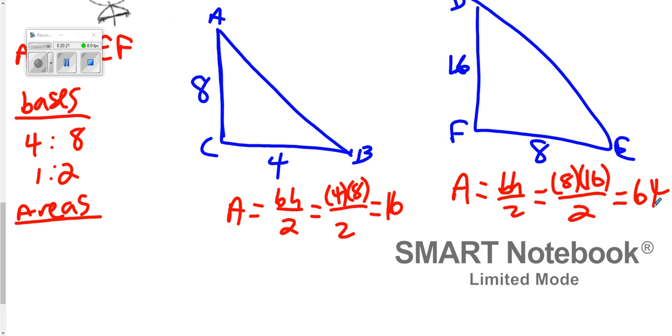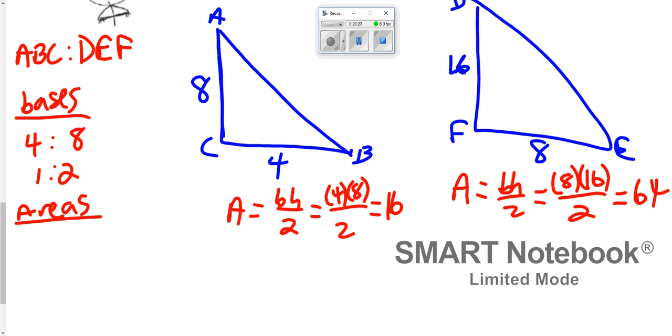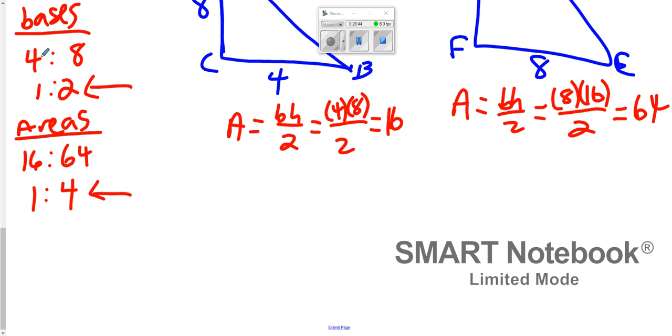So the ratio of the areas is 16 to 64. And if I simplify that on my calculator or using my knowledge of common factors, I get 1 to 4. So very interesting, they do not have the same ratio. So that is something to keep in mind.